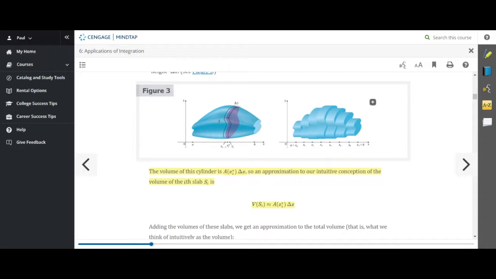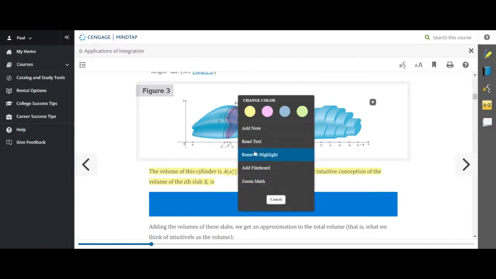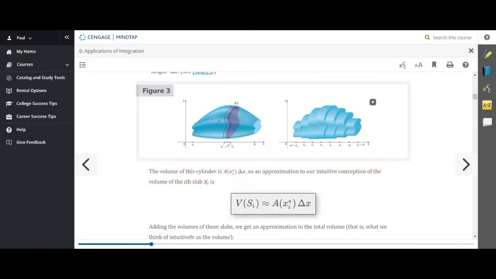If we take the area of the ith slice there in figure 3 and multiply by the width of that slice, that would give us the volume. So the volume of the ith slice is approximately equal to the cross-sectional area of that slice, which is a function of x, times the width, which is delta x. Are there any questions so far?